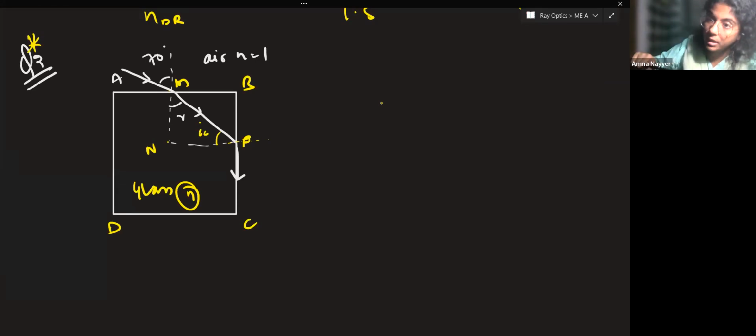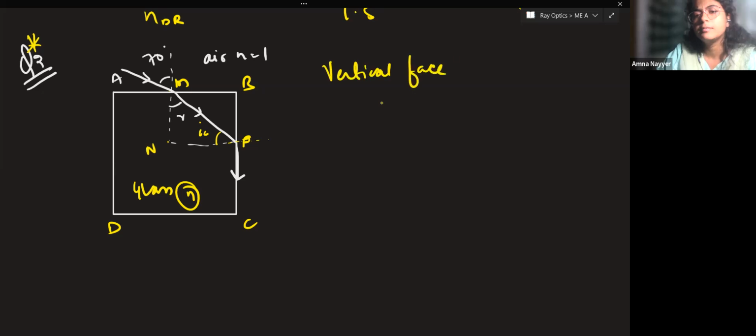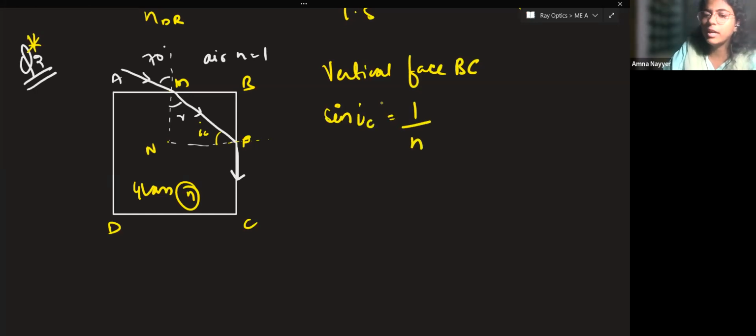In my final answer, n should not be there. Only the quantities given by the question can be included. So for this vertical face BC, apply Snell's law or the simple critical angle formula: sin i_c will be equal to 1 by n, right?